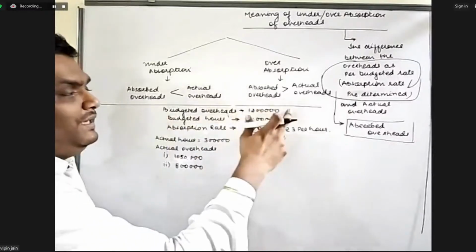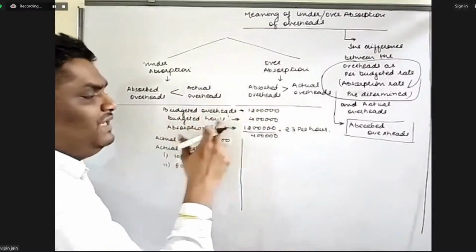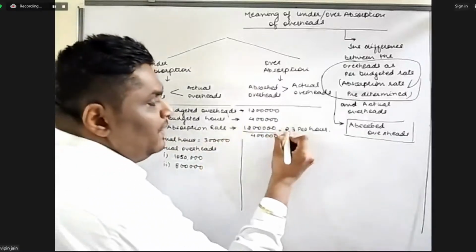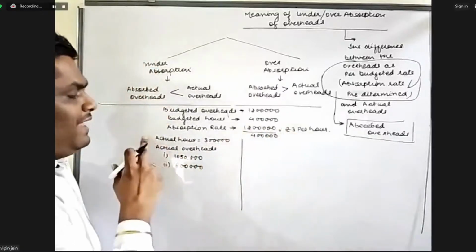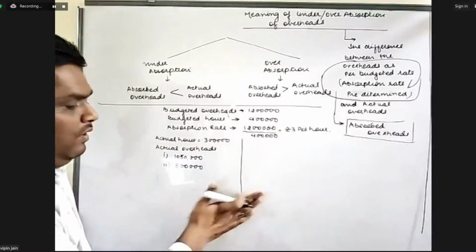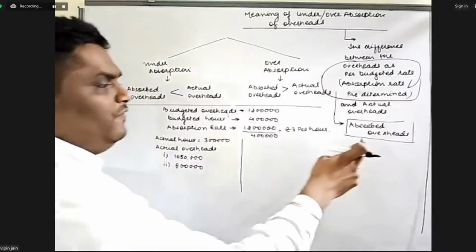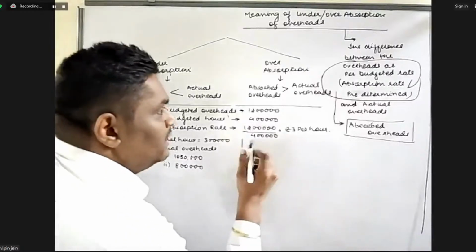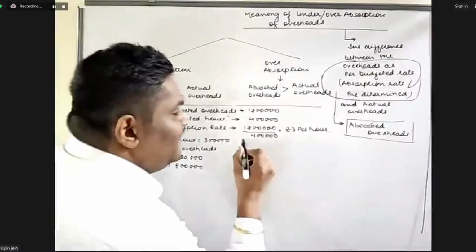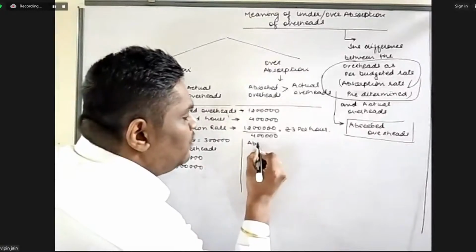So the budgeted overheads are 12 lakh, budgeted hours are 4 lakh, so the absorption rate will be rupees 3 per hour. Now the actual hours are given, that is 3 lakh, and the actual overheads are given. First we will calculate the absorbed overheads, that is the overheads as per the absorption rate.